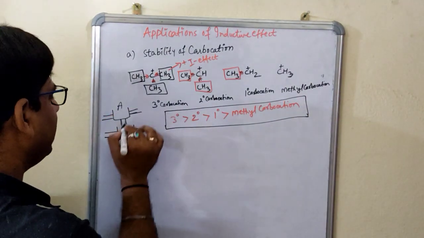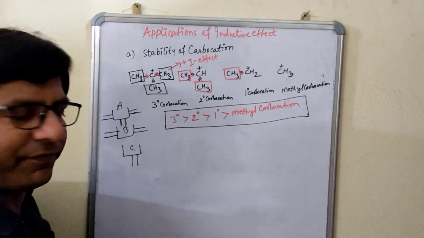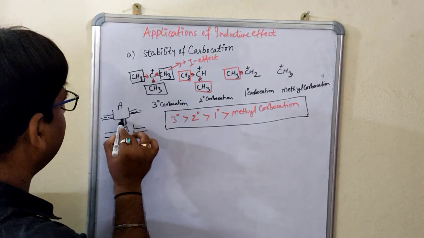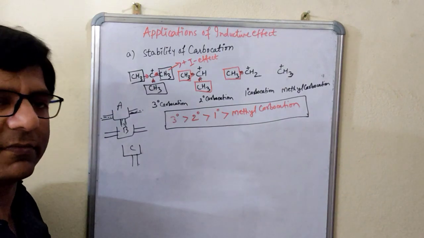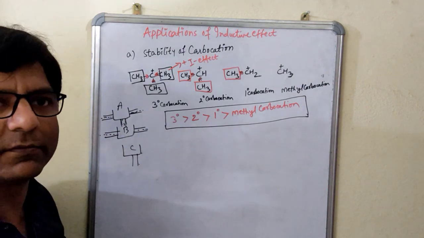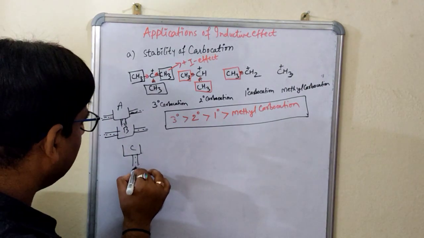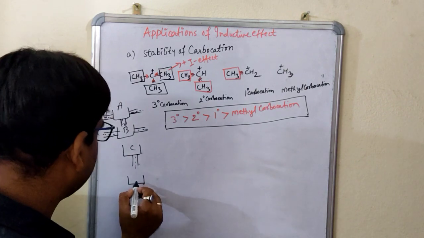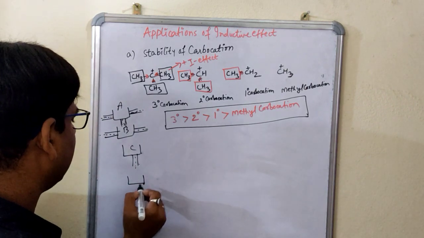Suppose this is tank A, this is tank B, this is tank C. Here the water is going inside from all 3 sides. Here the water is going from 2 sides, and here the water is going from 1 side. And the last tank doesn't have any inlets.